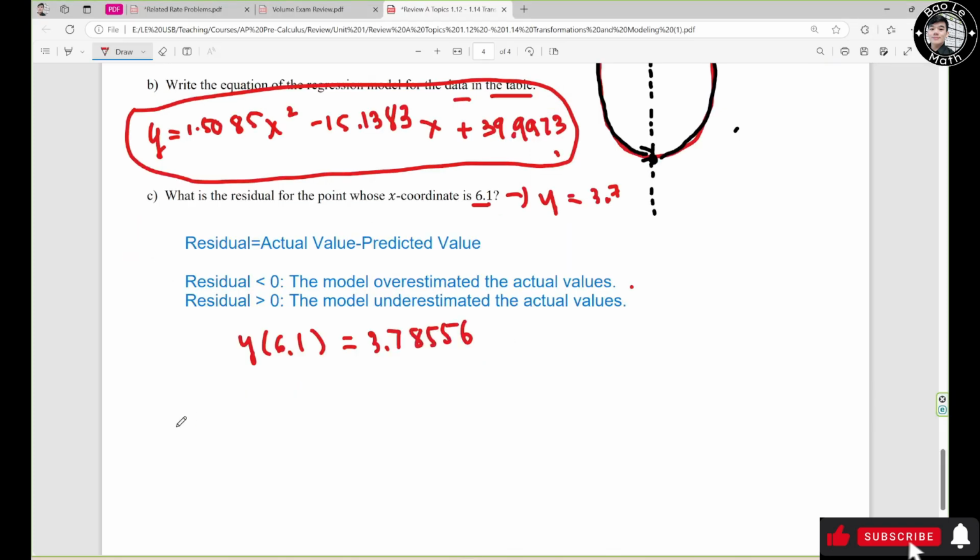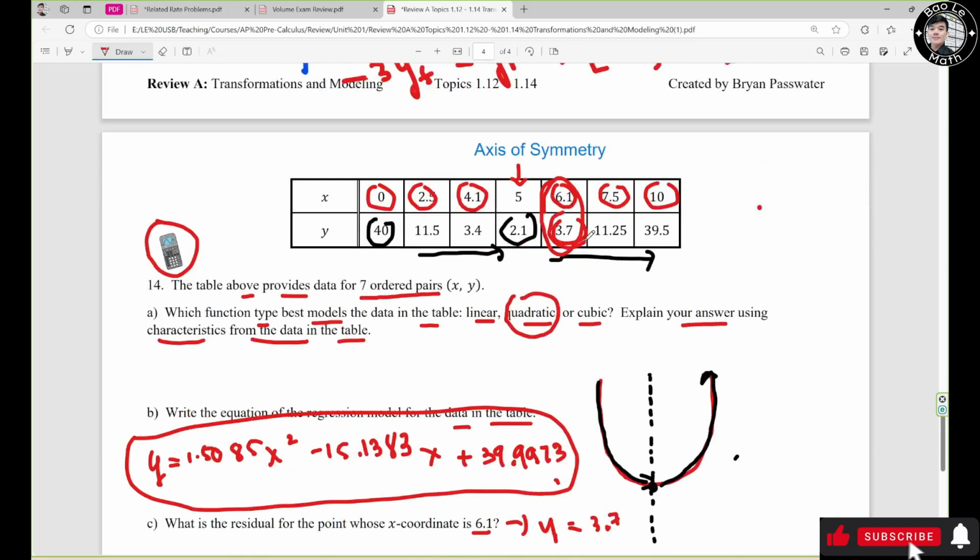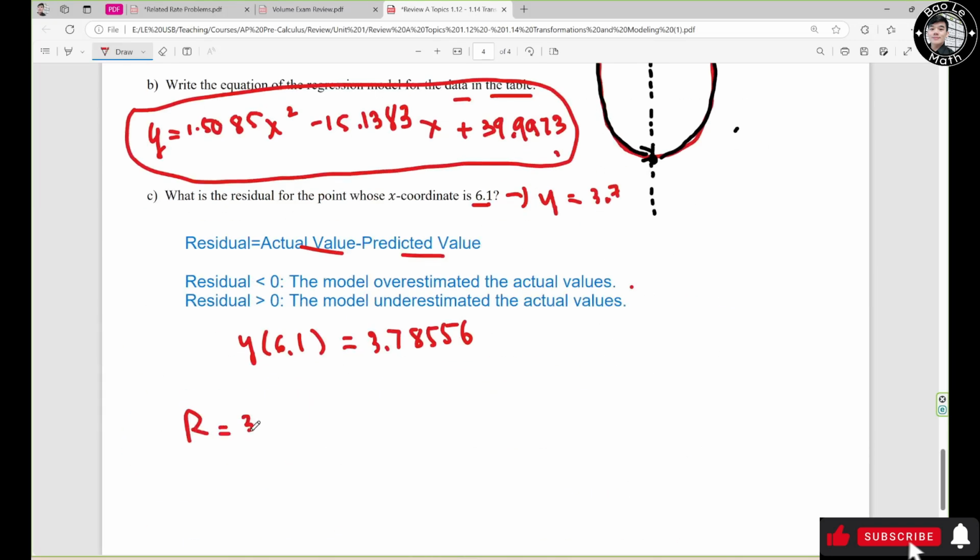Now you need to find the residual. So the residual is going to be the actual value subtract the predicted value. The actual value is going to be 3.7, right? Subtract 3.7855, right? So it's going to be negative 0.0855, right? Which is less than 0. So the model overestimated the actual value, right?